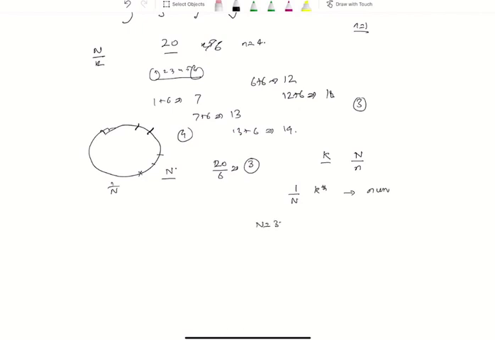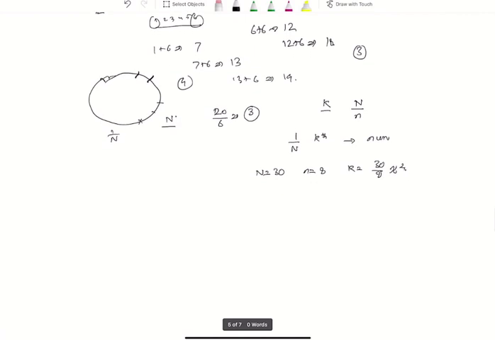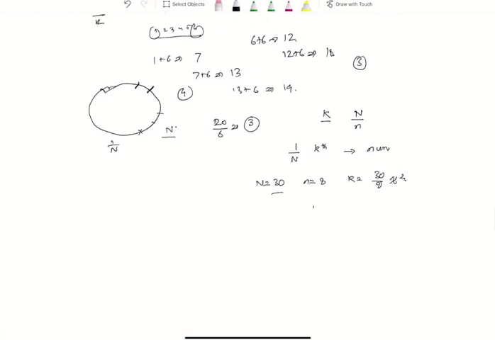If N is 30 and we want n equal to 8, then k is 30 over 8, which is about 4. Now we select a random number out of 30, say 14, and then keep picking 14 plus 4 is 18, 18 plus 4 is 22, till 8 units are selected.